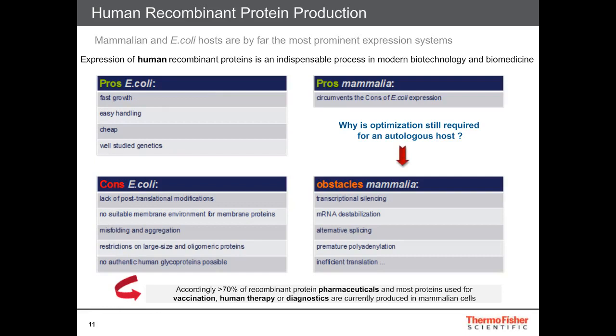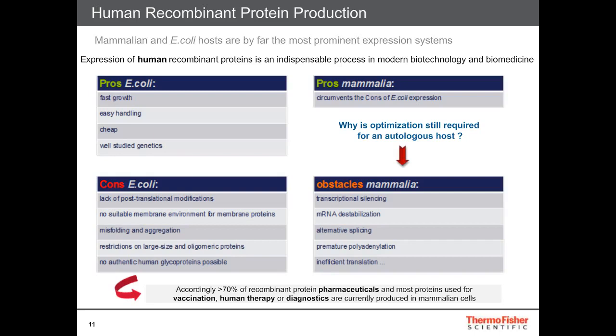Again, a quite tedious and unwanted process, and especially if it comes to large size and oligomeric proteins, such as, for example, antibodies, you have significant restrictions. And again, talking about antibodies, you will never be able to produce an authentic human glycoprotein.